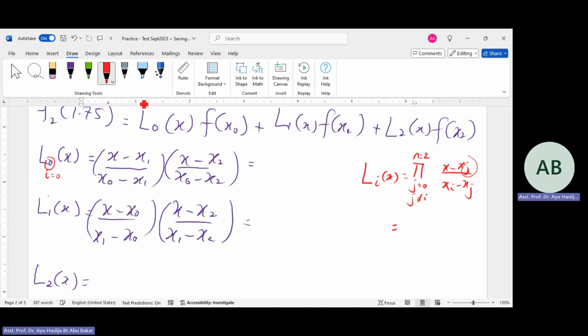So that's why here we did not start from 0. We start from 1 until n, which is 2. If you have n equals 3, you will have one more bracket which involves x3. Okay? Clear?